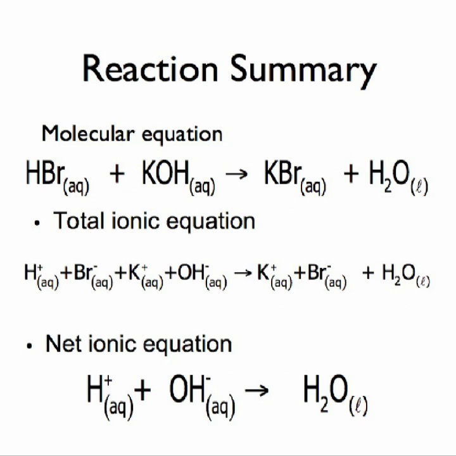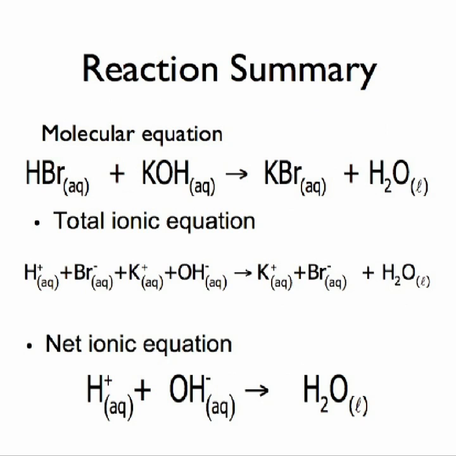In our summary, we're going to look at a molecular equation of aqueous hydrobromic acid reacting with aqueous potassium hydroxide to form aqueous potassium bromide and liquid water. To go to the total ionic equation, aqueous hydrobromic acid exists as aqueous hydrogen ions and aqueous bromide ions because it is a strong acid.